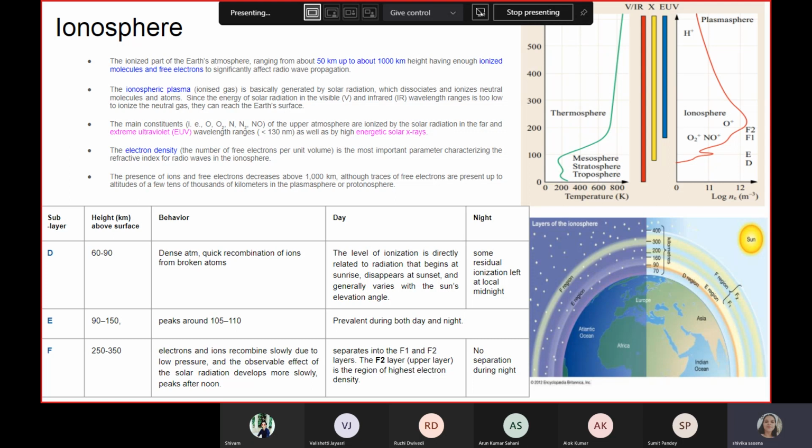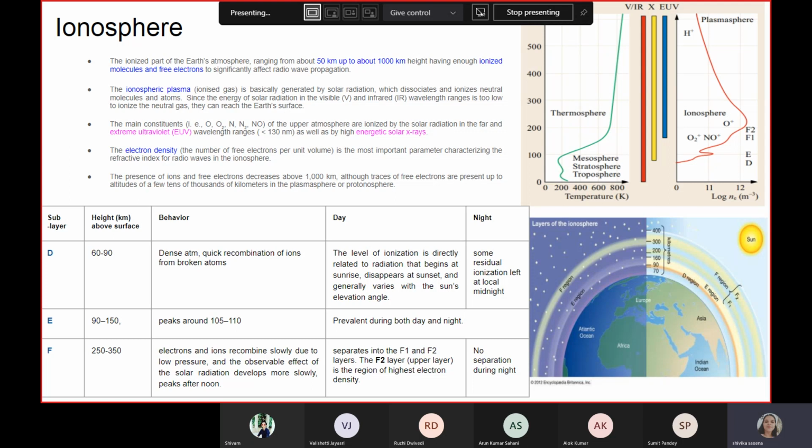Visible and infrared don't interact that much, they don't ionize any portion of the atmosphere. So these travel through and are received at the receiver station. Visible and infrared from the solar radiation don't affect much, so they reach the Earth's surface.